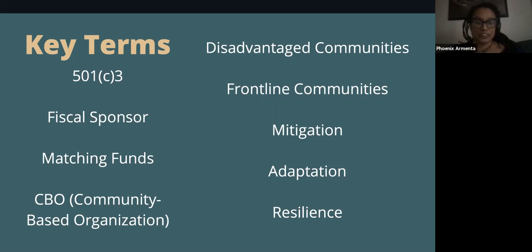Fiscal sponsor. A fiscal sponsor is a nonprofit organization that has a 501c3 and lends that 501c3 to another organization so that that organization can work similarly to a nonprofit, but without having to go through the legal documents of becoming a 501c3.